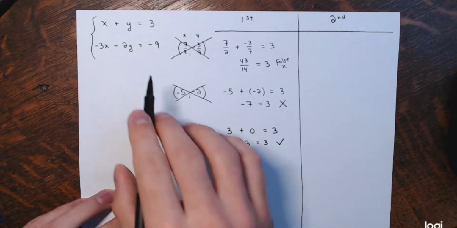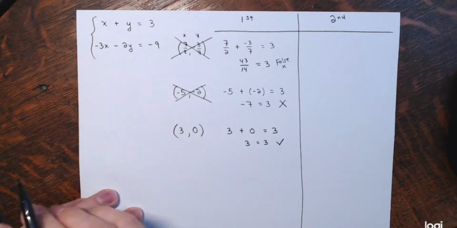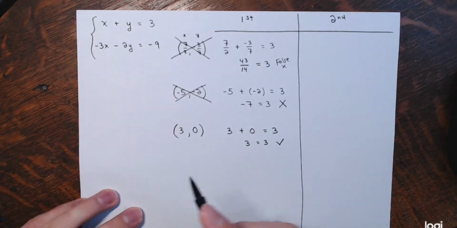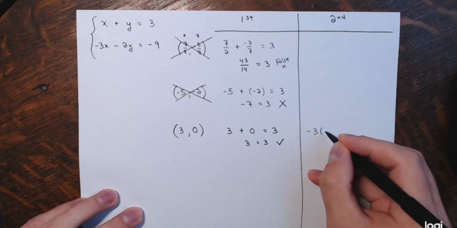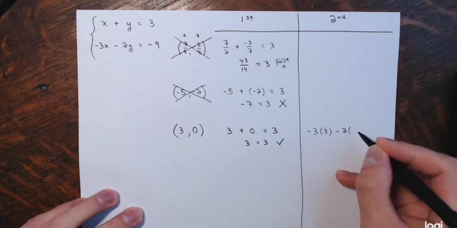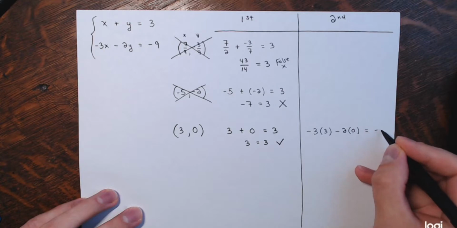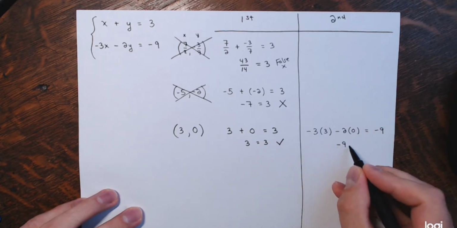So now that we have a solution of the first equation, in order to be a solution of the system, it has to satisfy all the equations. So I check the second one as well. So -3 times x, -3 times 3, minus 2 times y, so -2 times 0, is this equal to -9? And yes, it is. This would be -9 minus 0, which is -9.